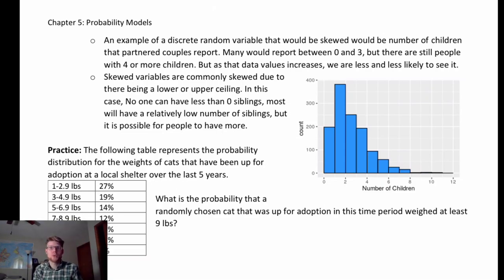So skewed variables are really common to see when there's a very clear lower floor or upper ceiling for a variable. If a variable can't be below 0, but there's data points around 0, that's a good candidate for a right skewed variable. So a lot of financial variables can often be right skewed for that reason.